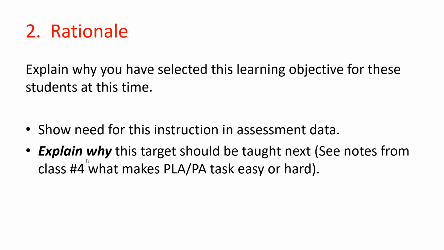So if she's able to do the easier recognition task, then she's ready to start the harder production task. Explaining why your target is the easiest thing for the student to learn is a place where you're having to apply what you know about phonological awareness and what makes a task easy or difficult.